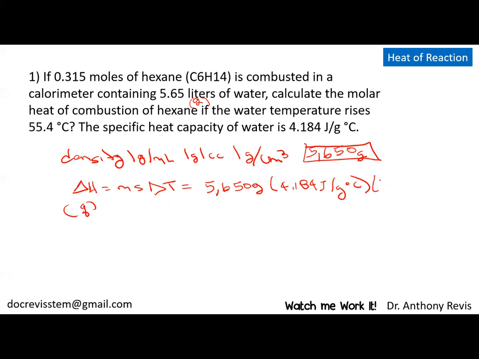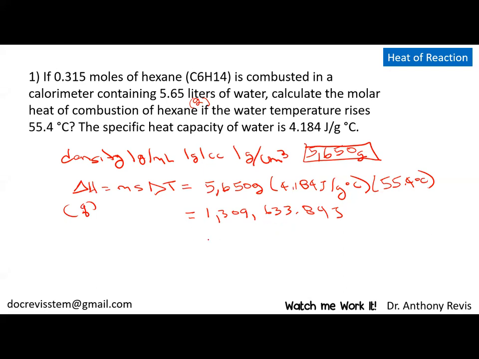Oh, there it is right there, 55.4. It already did it for me. And if I punch this through, I'm going to get 1,309,633.84 joules. And typically this is changed to kilojoules.